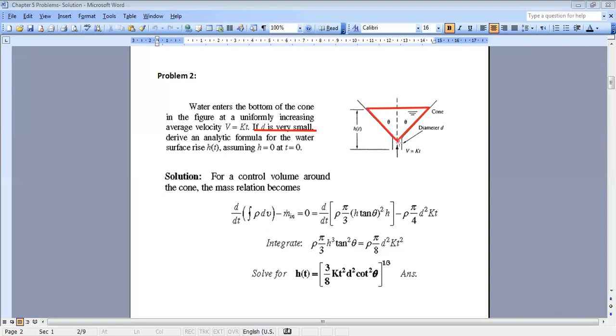So your volume is a conical volume of height h, and the base is of radius r. By geometrical analysis of the figure, the radius of the cone at the base is equal to h, the height of water in the cone, times the tangent of angle theta. So now I can replace in my equation.